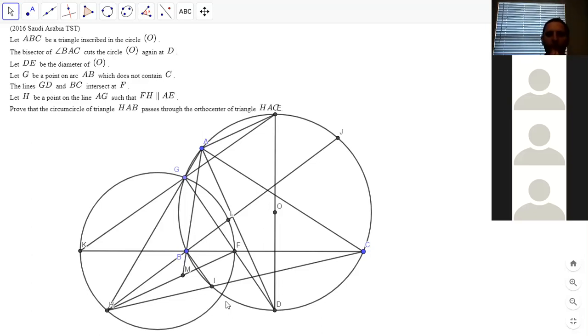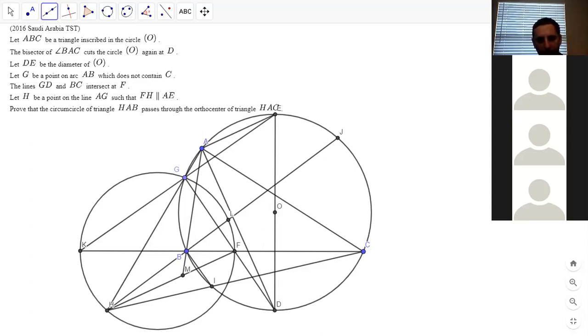So once we know that ID and M concur, that would solve the problem. Yes, it is enough to show that those are collinear. Do they also pass through K? I don't think so, right? No. Or we could define M to be the in-center and try to show A, B, and M are collinear.